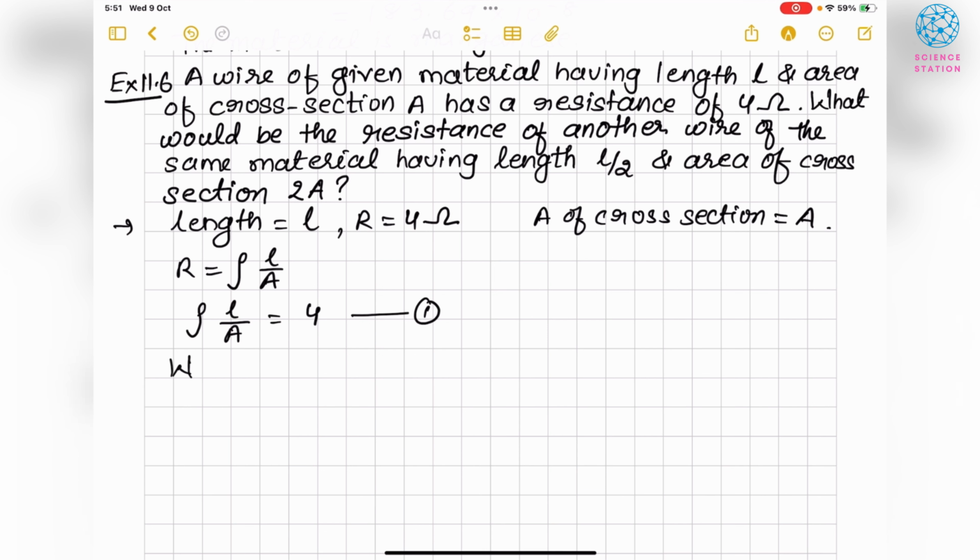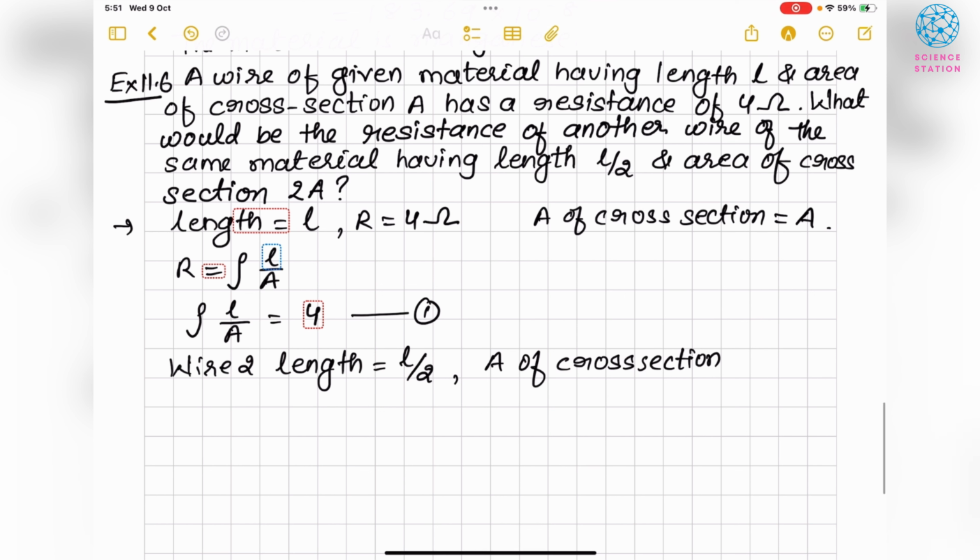Now for wire 2, length is L by 2, area of cross section A equal to 2A, and R I have to find.